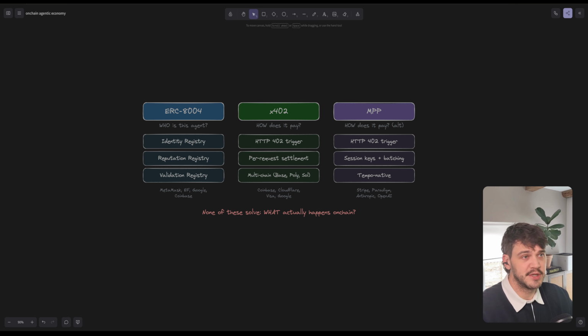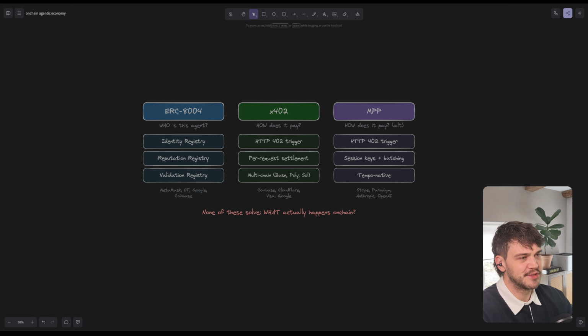Speaking of Tempo, it just launched March 18th of 2026, and it's backed by Stripe and Paradigm, and also has design partners such as Anthropic, OpenAI, Mastercard, Visa, and Shopify. So you can see the direction, where you have two very big institutional backings on both sides, pushing for their payment protocol to be the go-to on chain.